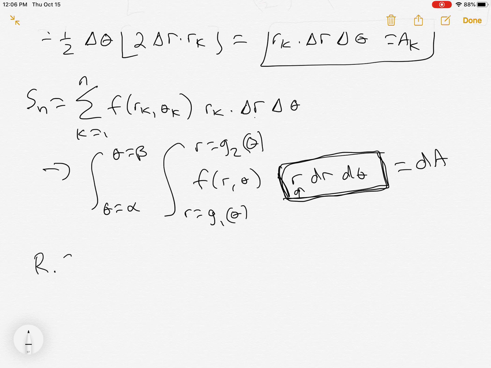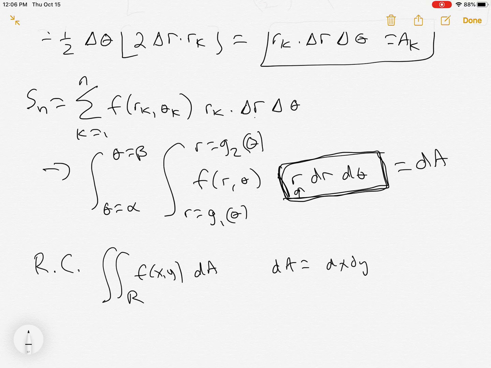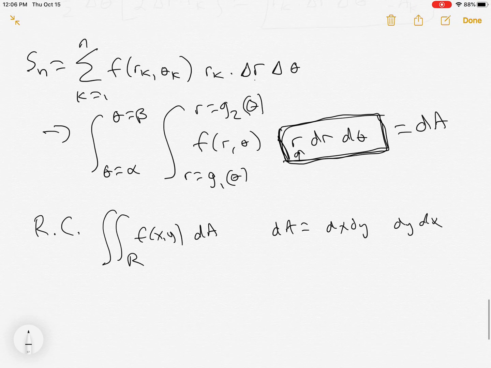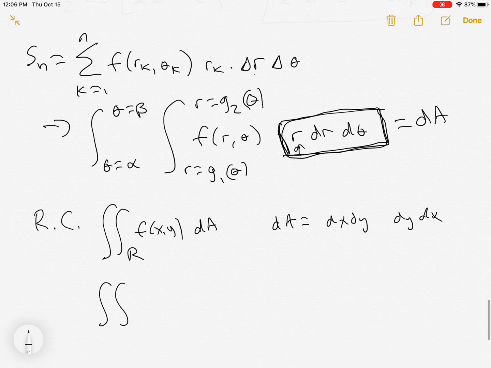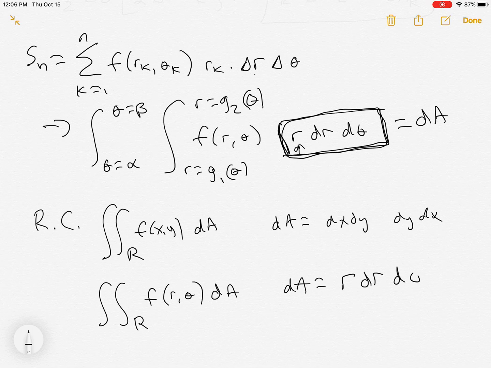So coming full circle, in rectangular coordinates we have the integral of f of x, y dA, where dA is either dx dy or dy dx. Doesn't matter. And now we have the integral of f of r, theta dA, but dA is r dr dθ.